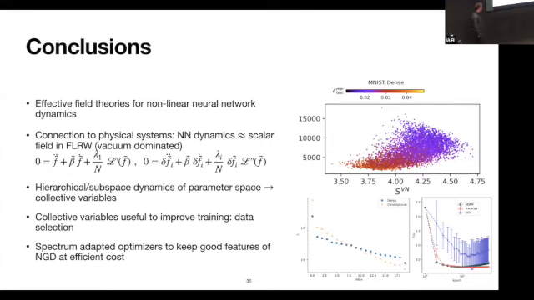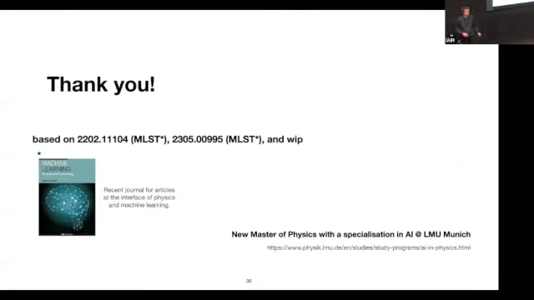These collective variables can then be used in downstream tasks, and here we use them for data selection, improving that, and to have a first look at using them for optimizers. So with that, let me thank you, and I'm looking forward to questions and discussions.